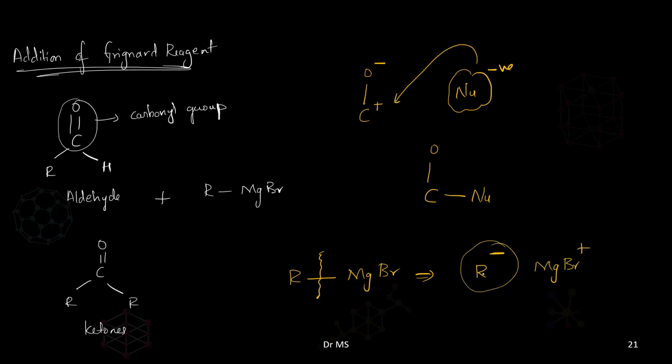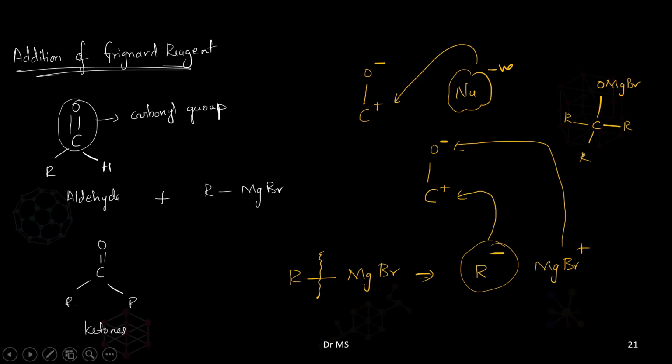This nucleophile will attack the positive carbon, and the positively charged MgBr will attack the oxygen, resulting in a carbon attached to the R group and to the oxygen, with that oxygen attached to MgBr, so OMgBr. If it is an aldehyde, the other groups will be R and H. If it is a ketone, they will be R and R. You understood this, Banu? Yes, sir. So it will result in formation of this structure.